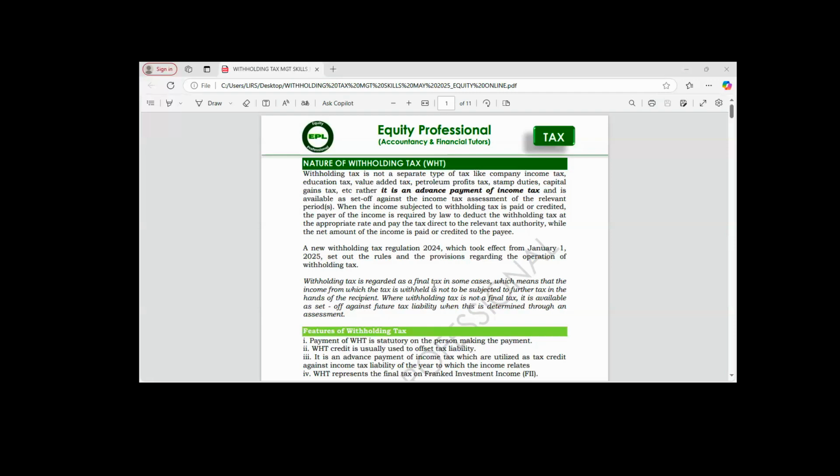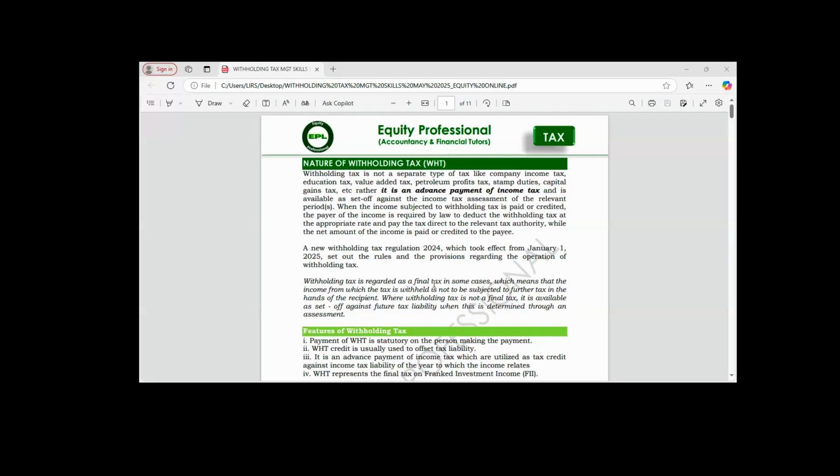For instance, you and I that we are working, we are in paid employment. Before your employer will pay you your salary, your employer will deduct what is called PAYE from your salary and remit it to the relevant tax authority.